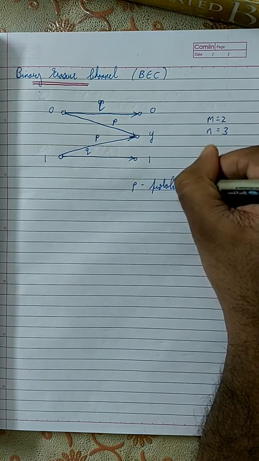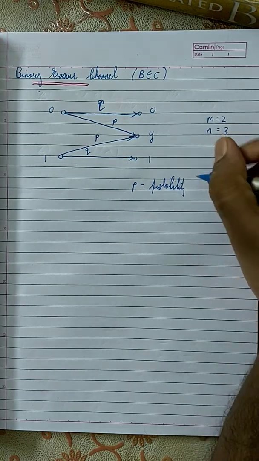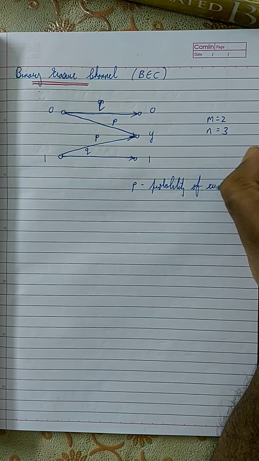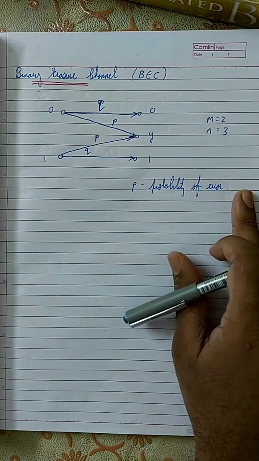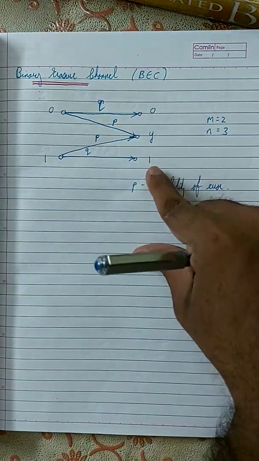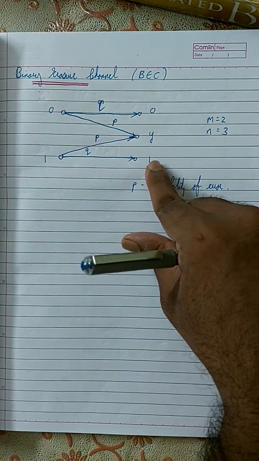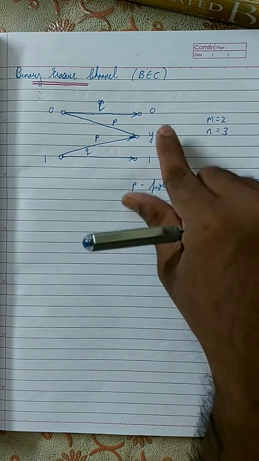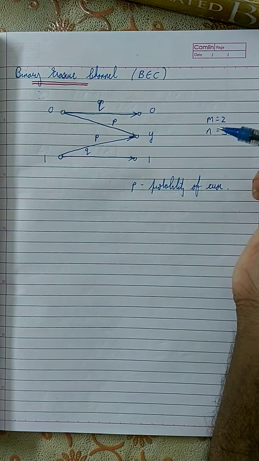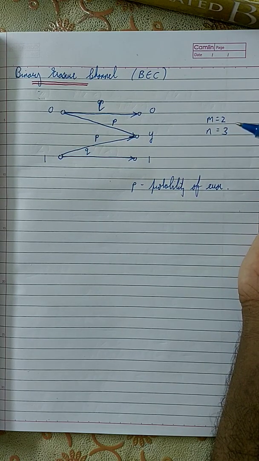So this is the only difference between the binary erasure channel and the binary symmetric channel. If an error occurs, the receiver will not receive the wrong symbol, but it will receive the symbol called Y. Y is called the rejection symbol or the erasure symbol.